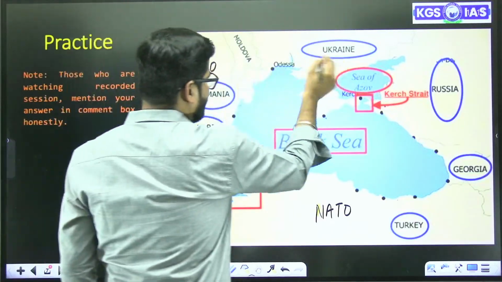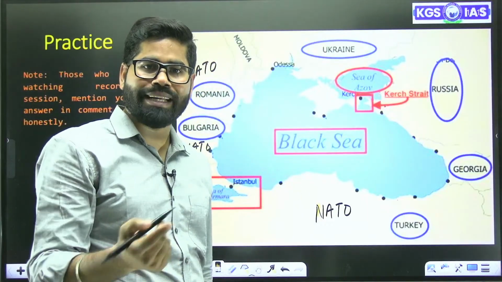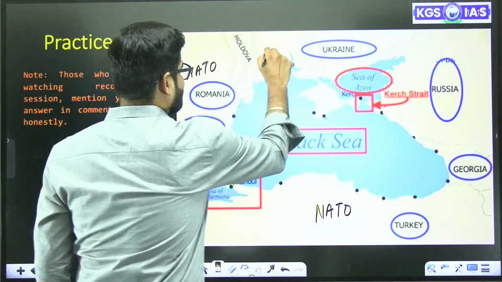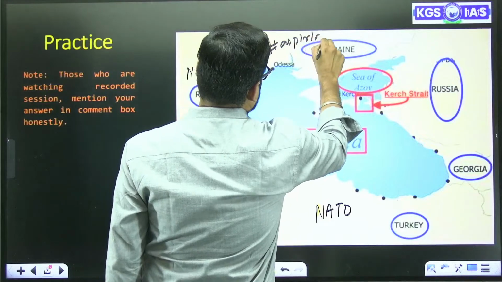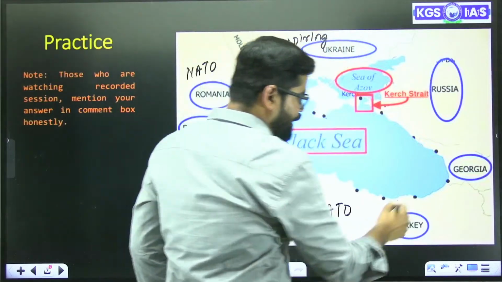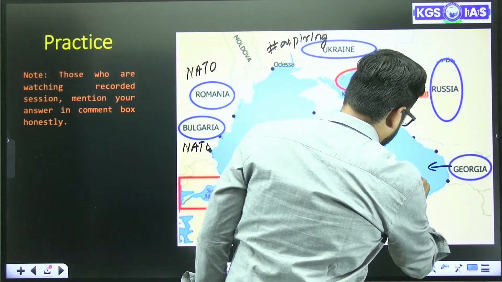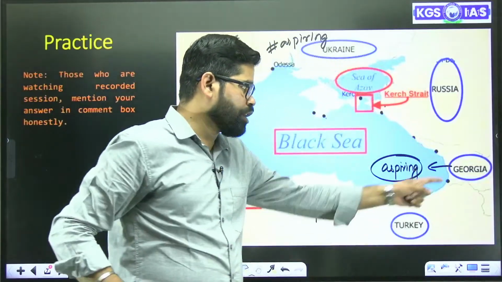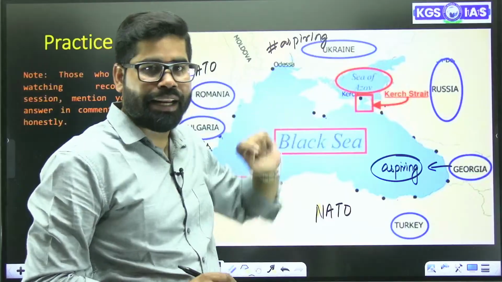Then Ukraine wants to become a member of NATO, but it has not been given membership. So here you can say it is an aspiring member. Even Georgia is an aspiring member. In fact, Georgia may get NATO membership before Ukraine.